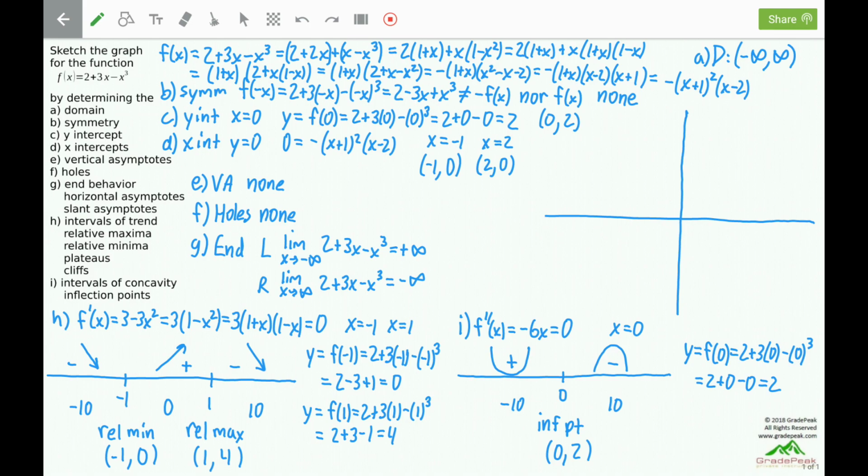It does have a y-intercept of 0, 2. So that'll be right here. And it has x-intercepts of -1, 0 and 2, 0. -1, 0 will be here. 2, 0 will be here.